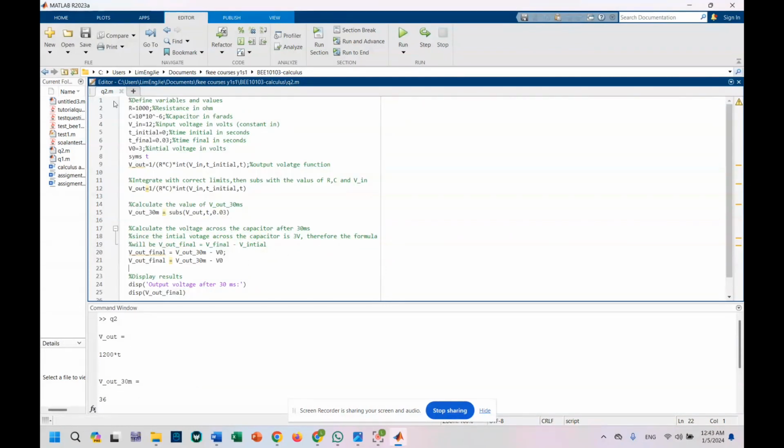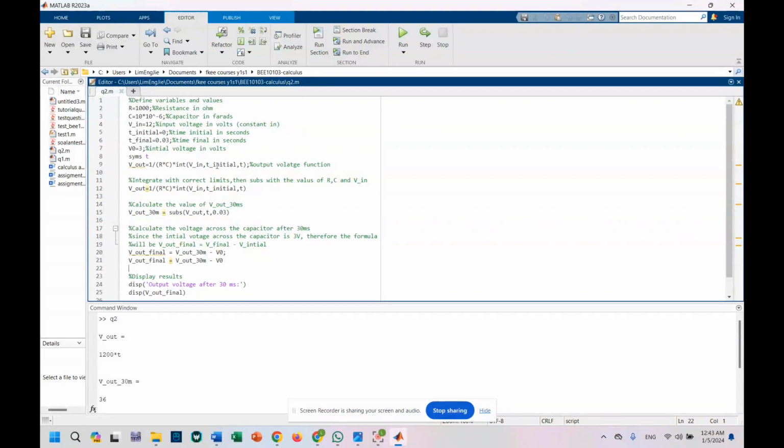These are the running processes. First, this is just a comment, and I first list out what information I get from question number 2. The first part I will do is use the syms function, used to declare the variables. I declare t as a variable, and then line number 9 is where I list out the formula I want to use, and int means integral.